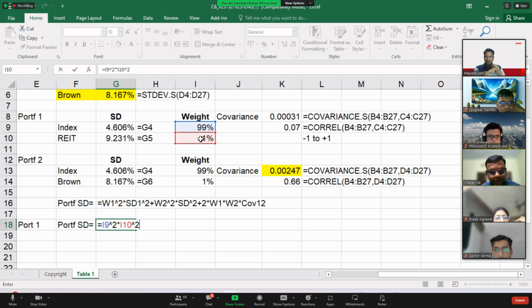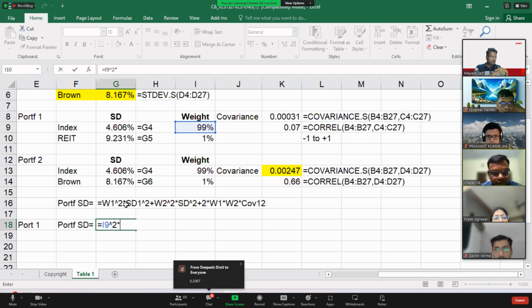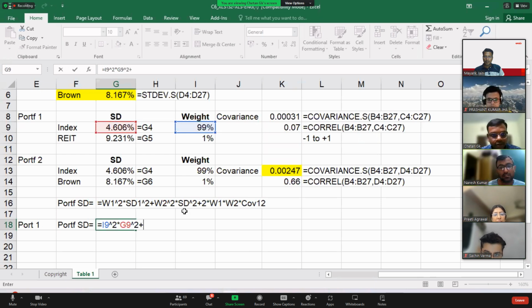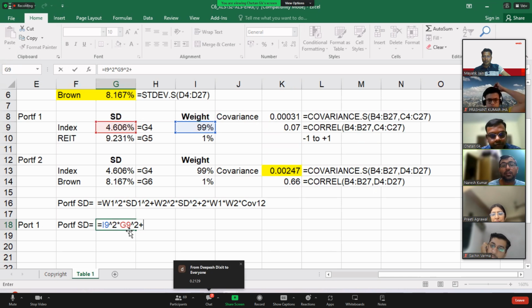Sir, but in the formula, it's written standard deviation one, sorry. We have to multiply W1 square into standard deviation 1 square, then W2 square into standard deviation 2 square. Yes. Is it fine? Yes.